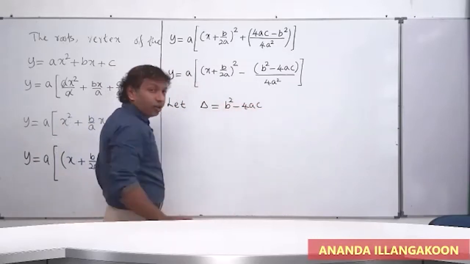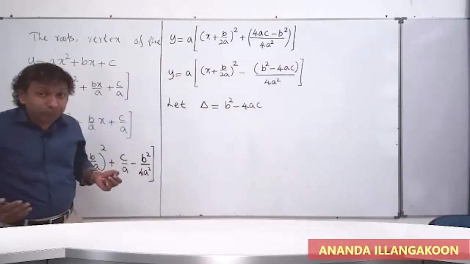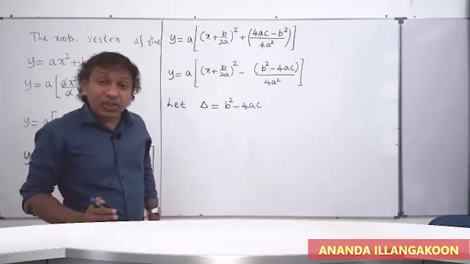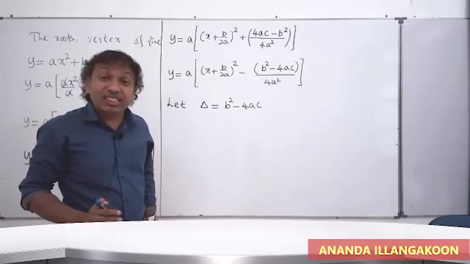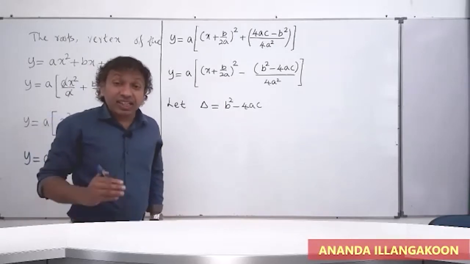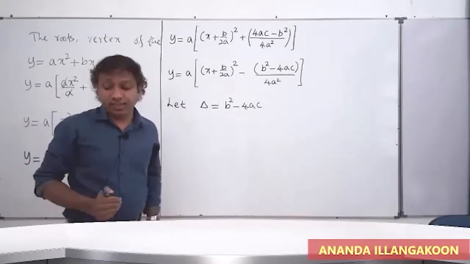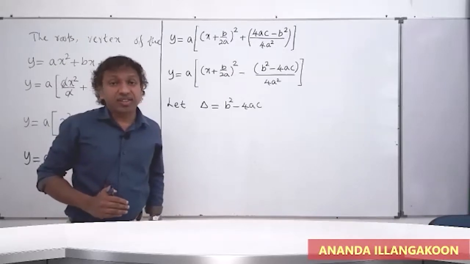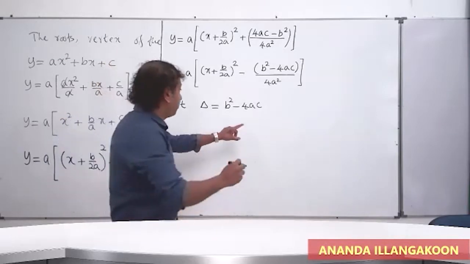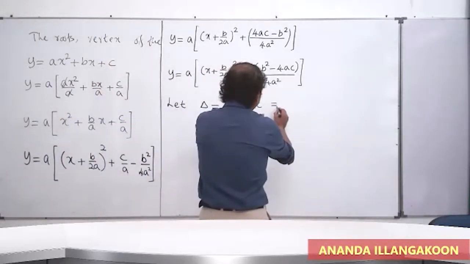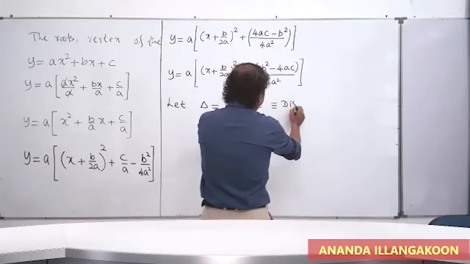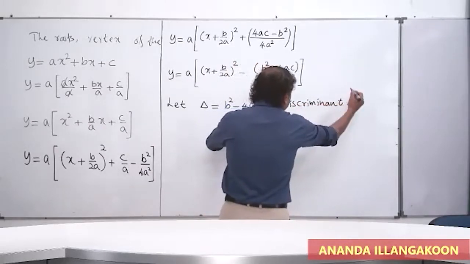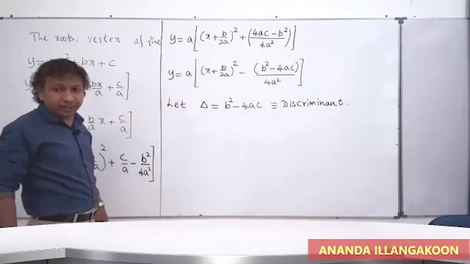For this b squared minus 4ac, we put delta. And this b squared minus 4ac is called the discriminant of the quadratic function. Understand? So this is called the discriminant.